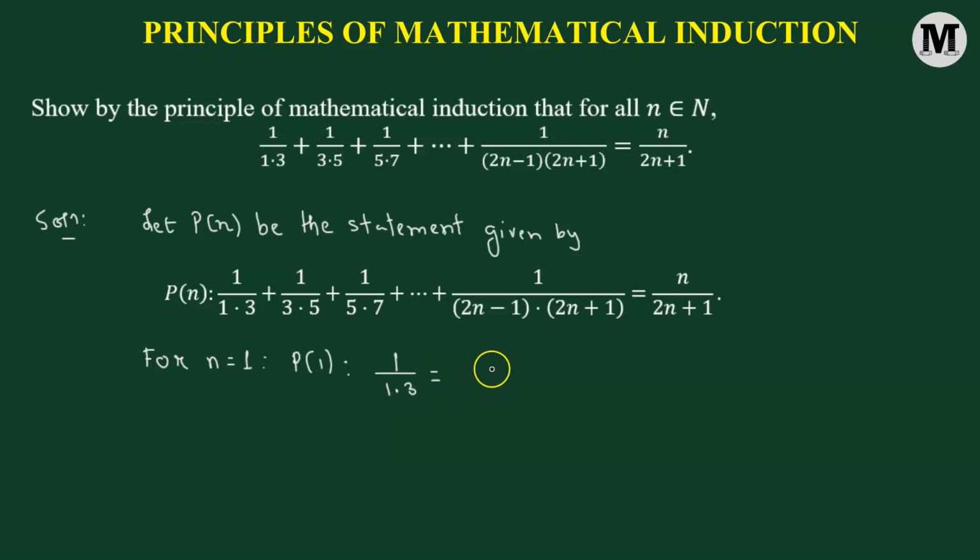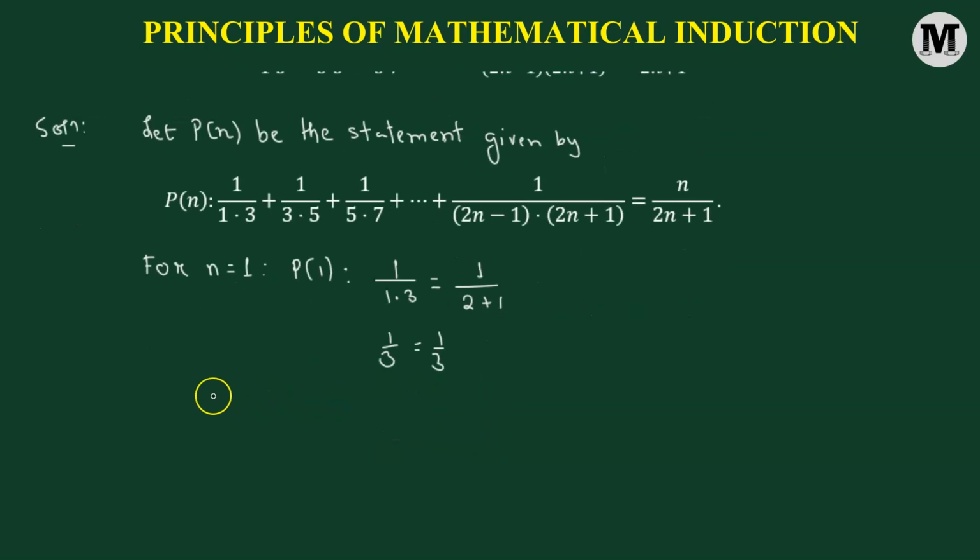That's going to be equal to, substituting the n value with 1 on the right hand side, 1 divided by 2 plus 1. Now 1 over 1 times 3 is simply 1/3. This is also equal to 1 over 3. So this tells us that the statement P of n comes out to be true if we choose n equal to 1. So that's the first step.